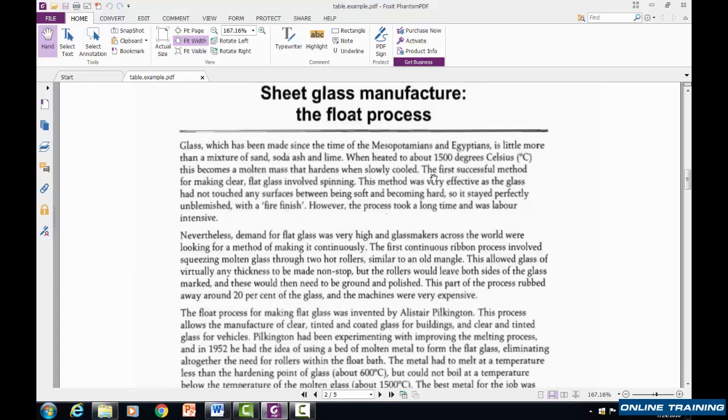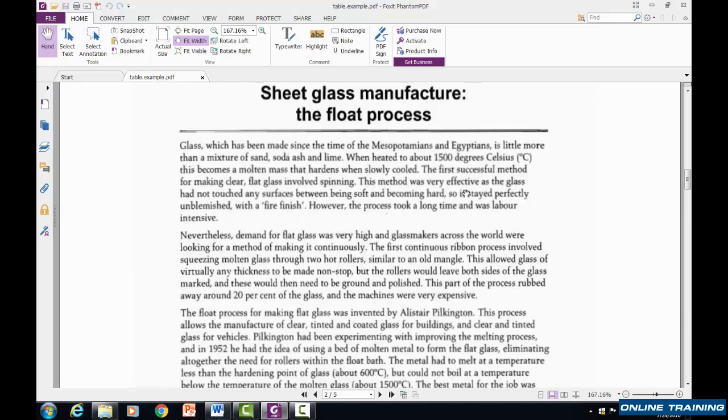The first method for making clear flat glass involves spinning. All right, our next sentence says this method was very effective as the glass had not touched any surface between being soft and becoming hard, so it stayed perfectly unblemished with a fire finish.